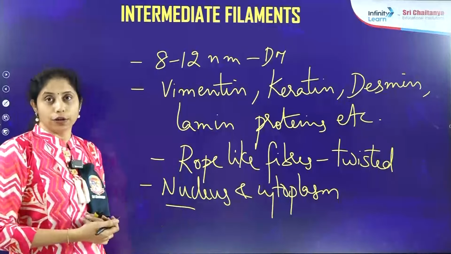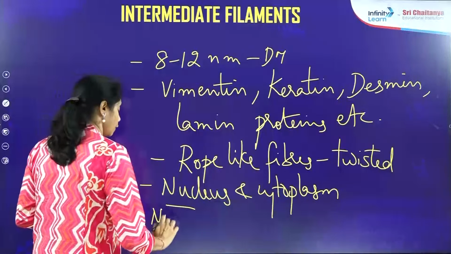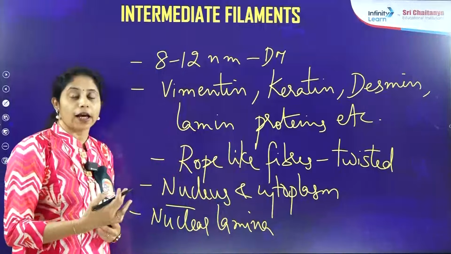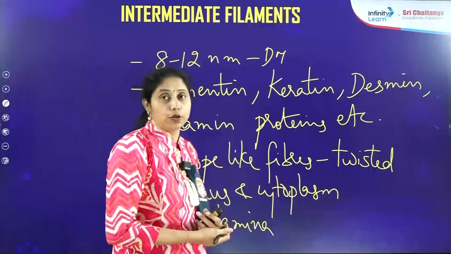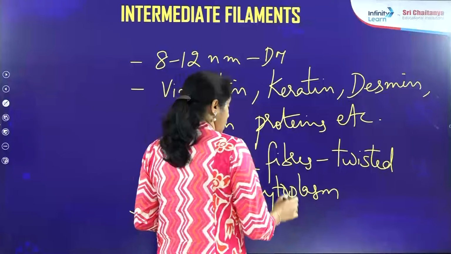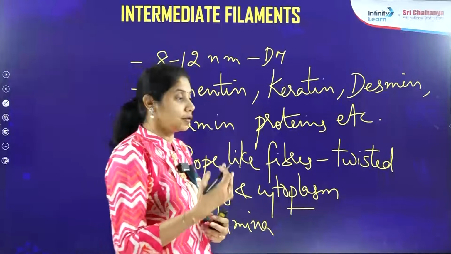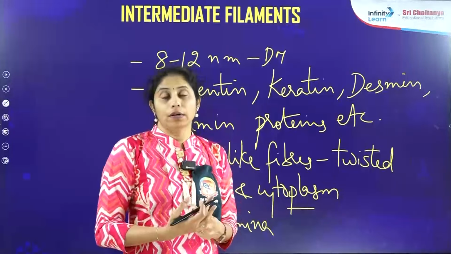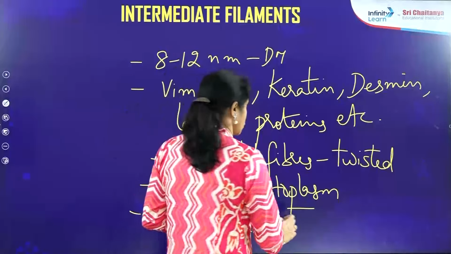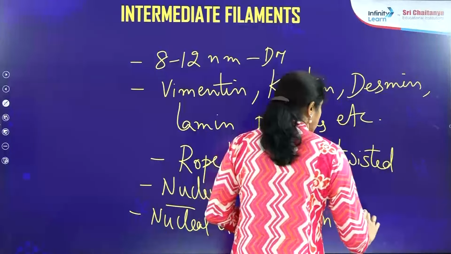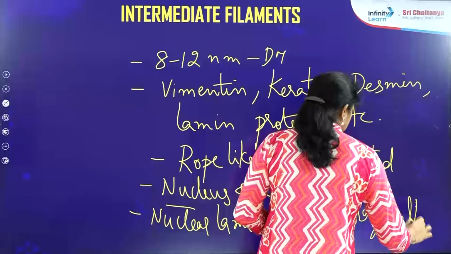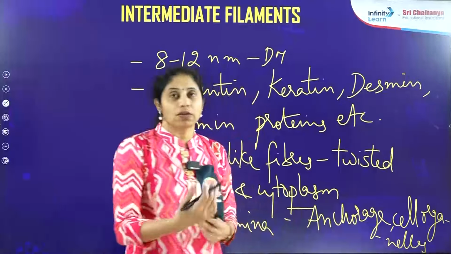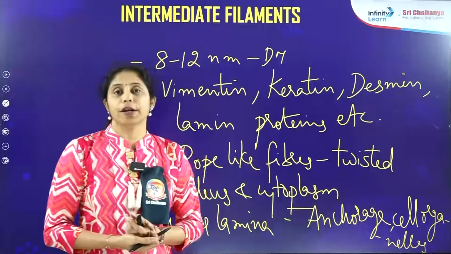In the nucleus, they help in the formation of the nuclear lamina. They are meant for anchorage of the nucleus, and anchorage of the chromosomes during cell division. In the cytoplasm, they are meant for cell-to-cell connections like desmosomes. They connect and anchor to the extracellular matrix; anchorage of the nucleus, cell organelles, and extracellular matrix is provided by the intermediate filaments.